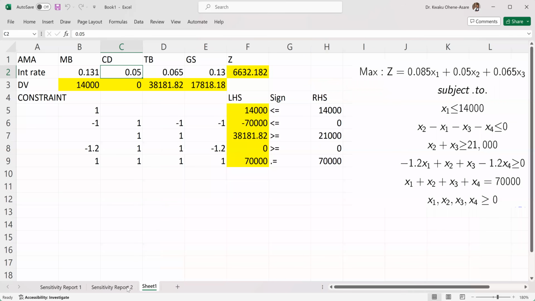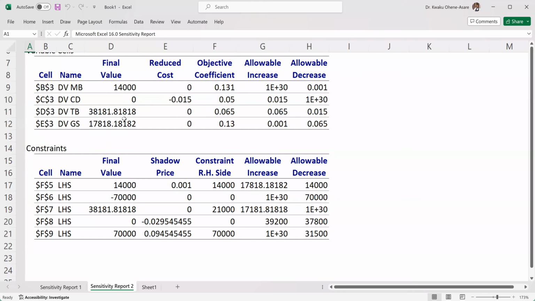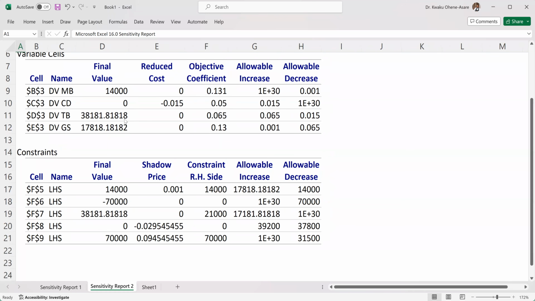You can see that in sensitivity range 2, now she's willing to invest in municipal bonds. 14,000 will go into municipal bonds, simply because the interest rate went up by just 0.1%. And that has motivated her to now want to invest in that. That is beautiful, I'm telling you.